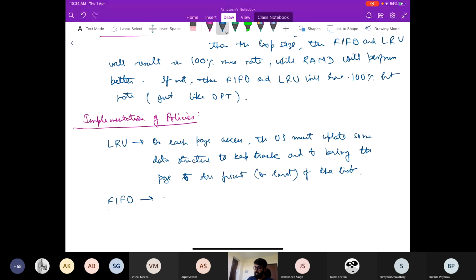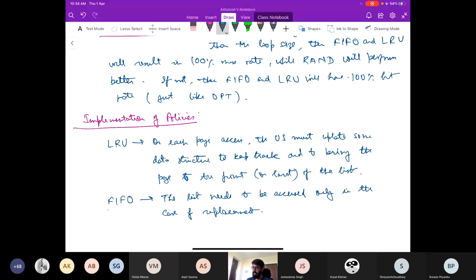The data structure or the list needs to be accessed only in the case of replacement. Otherwise, you just have a list, and if you are going through hits and not misses, then you don't touch the list.